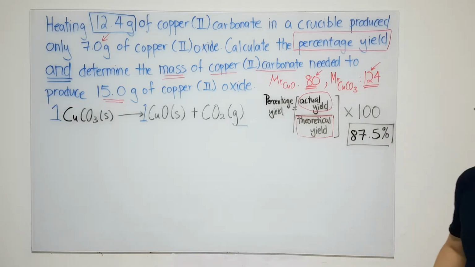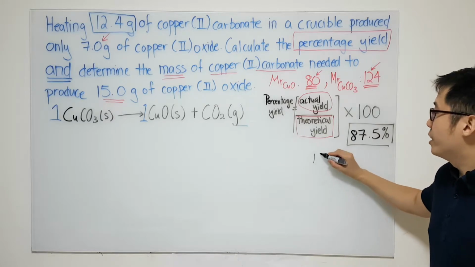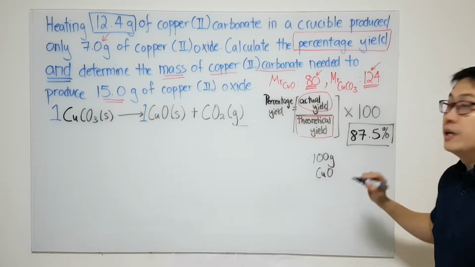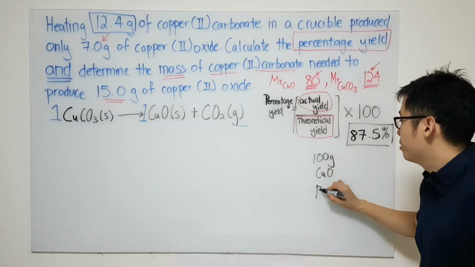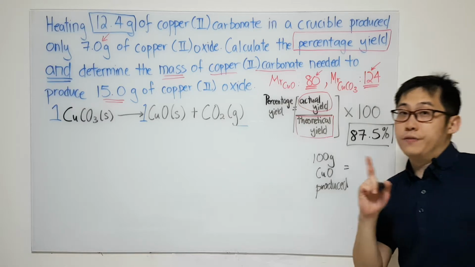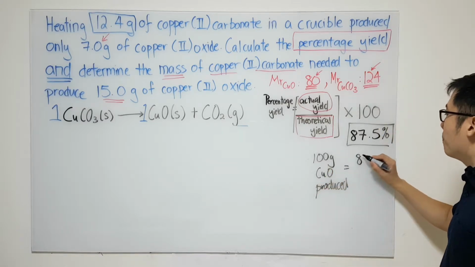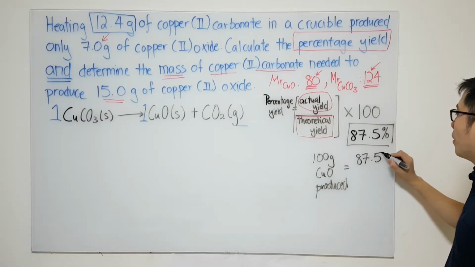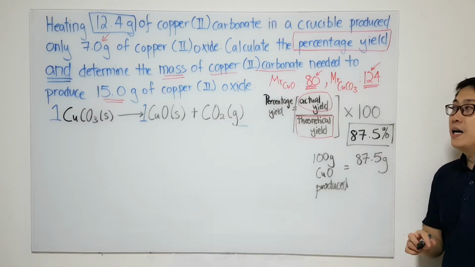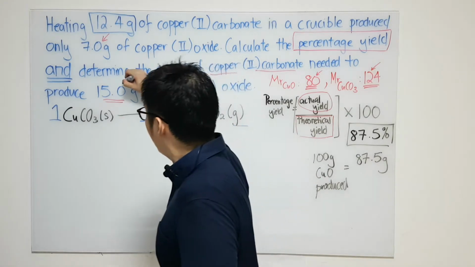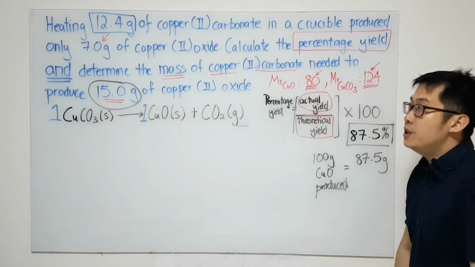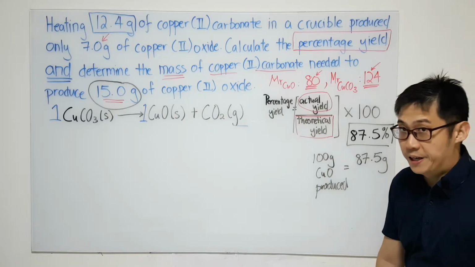This means, for every 100 grams of CuO that can actually be produced, because of the percentage yield, I will actually only obtain 87.5 grams. Now, the question wants us to find how can I produce 15 grams of copper 2 oxide?